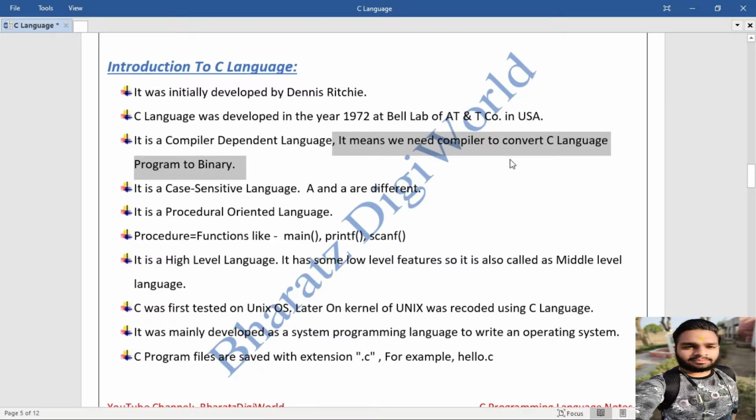That means we have to convert our program each and every time we compile, and this will convert our C language program into the binary language because the machine understands only the binary language, so we need the compiler each and every time to compile our C language program.